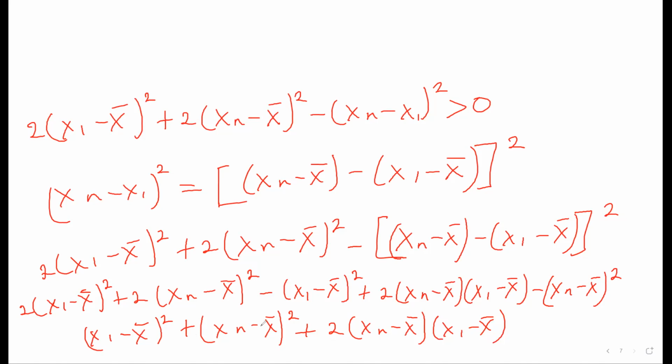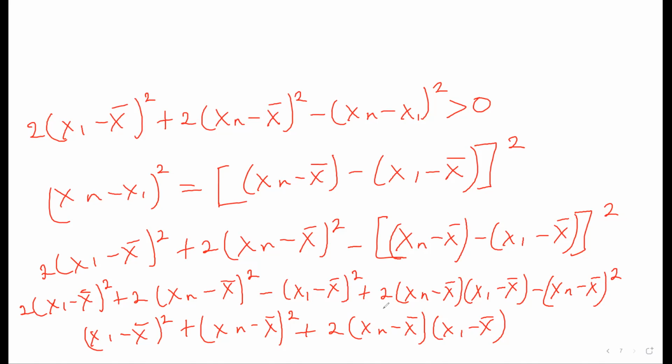So now look at this equation. This is (x1 minus x bar) squared plus (xn minus x bar) squared plus 2 times the cross term, right? So basically this is more like saying you have (a plus b) all squared, right? A plus b all squared.